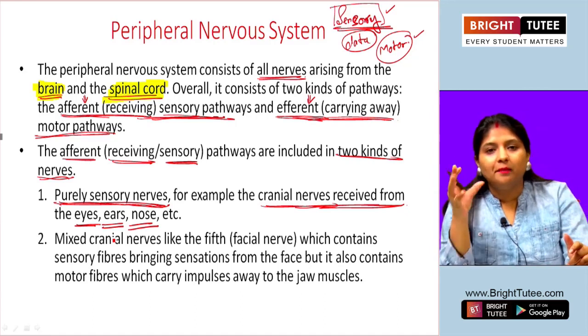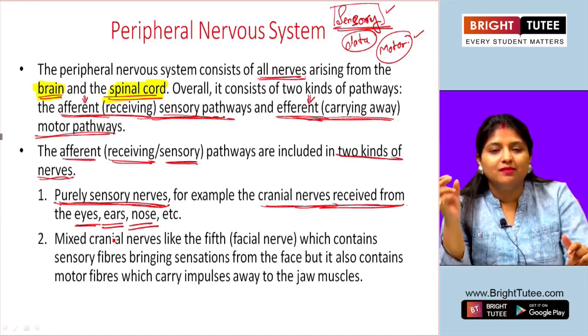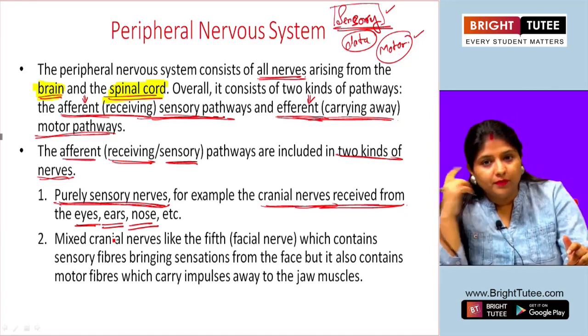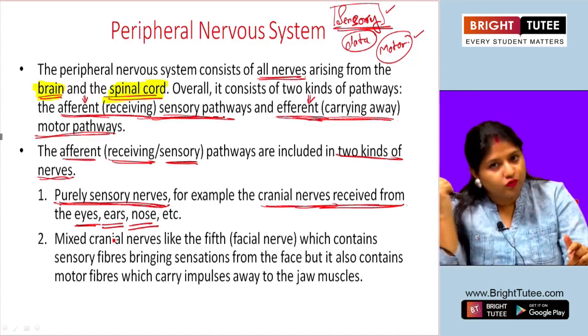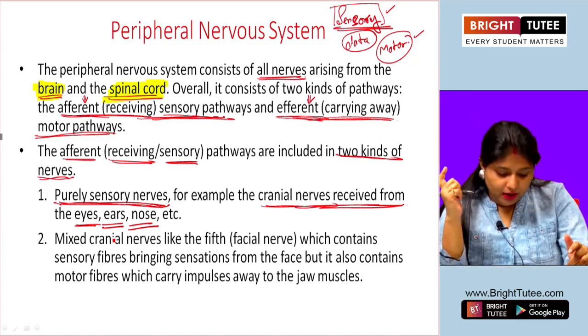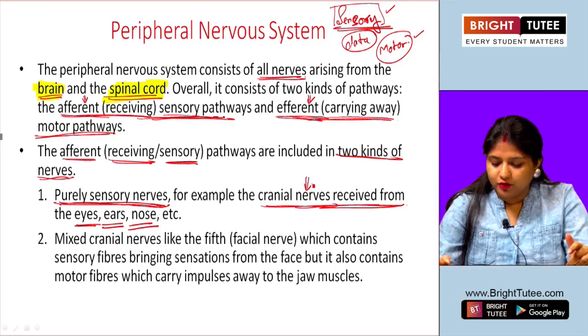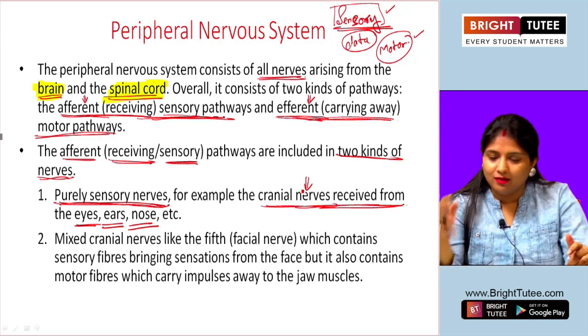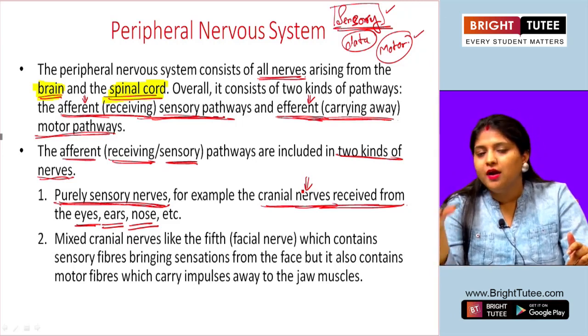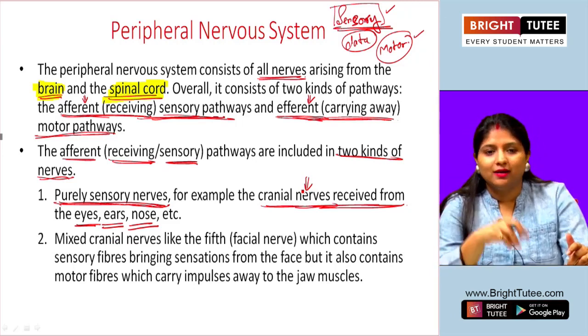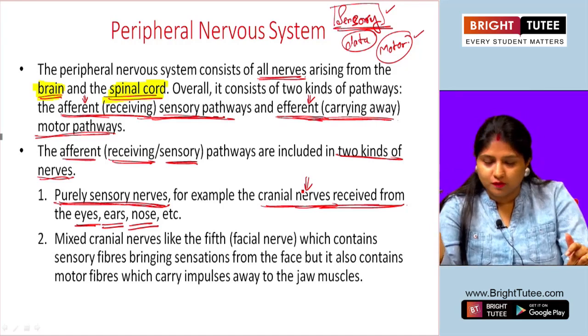So these are purely sensory nerves. That means the nerves which are coming from the eye towards the brain, from the nose towards the brain, and from the ears towards the brain. So these are some examples of purely sensory nerves, certain cranial nerves which are getting information directly from your sense organs.